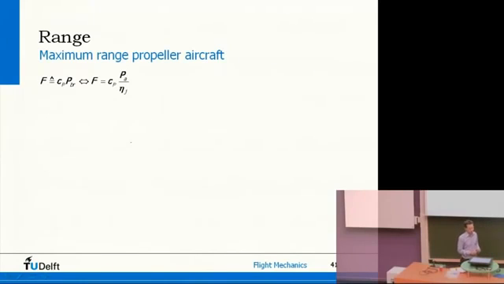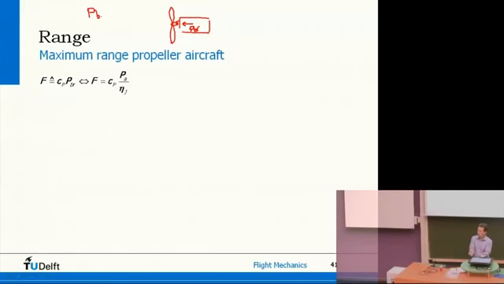So this fuel flow of a propeller, if this is the propeller and you have some kind of a propulsion system, then there's a certain power delivered to this shaft around which the propeller rotates. So P brake is what we call shaft power, and this is delivered to the propeller.